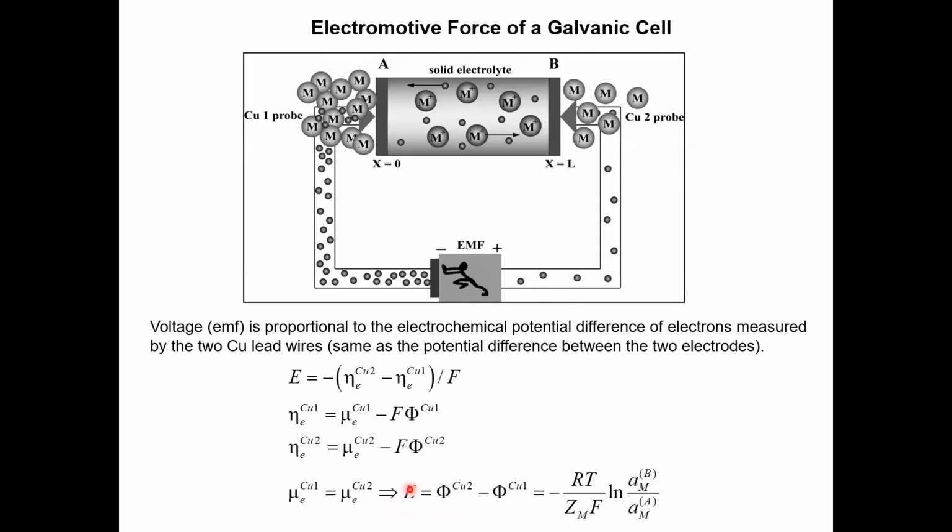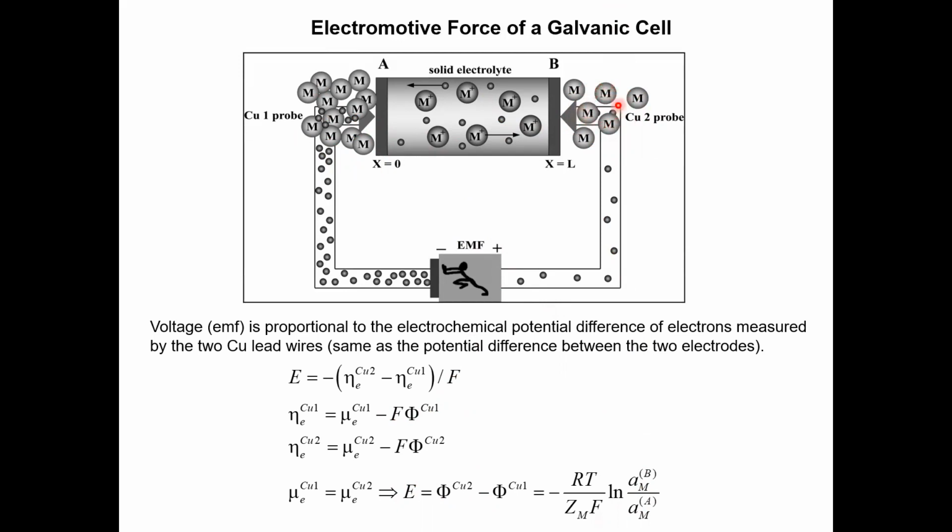That electromotive force that you measure will be proportional to the logarithm of the activity ratio of the mobile species between the 2 sides. You can see that activity typically will be related to the concentration of that species. So the idea of galvanic cell type measurement is that you measure EMF and you use one of these electrodes as a reference.